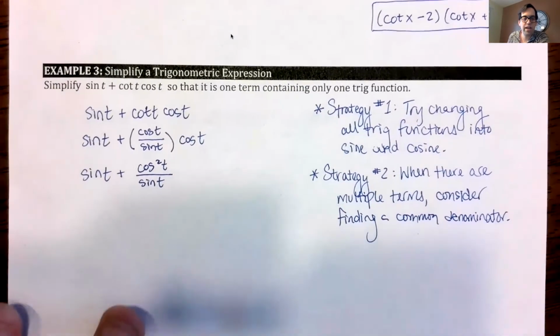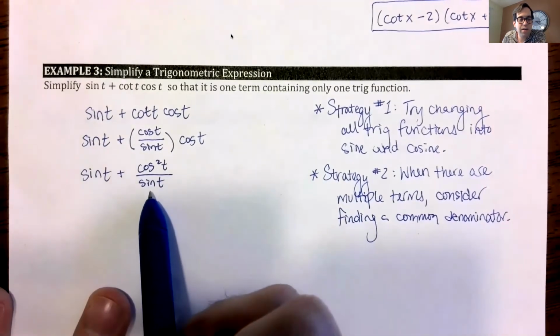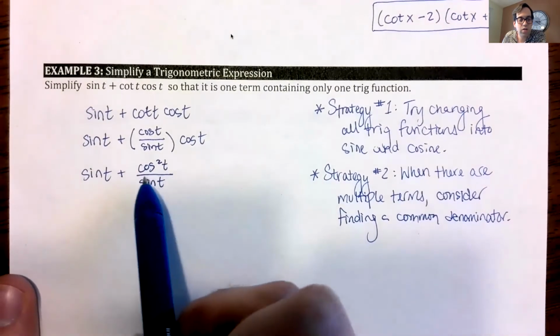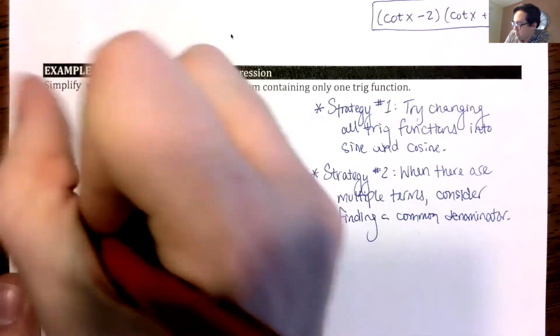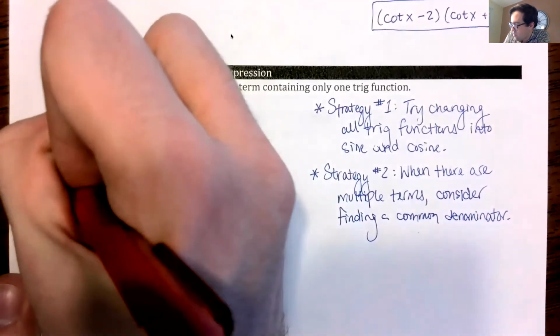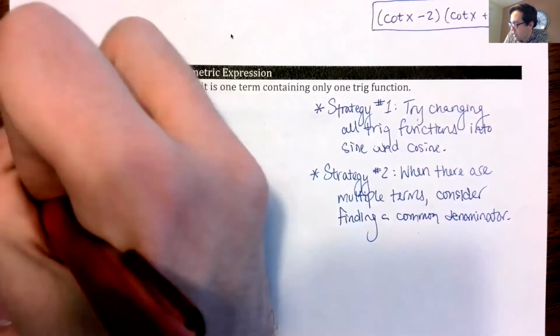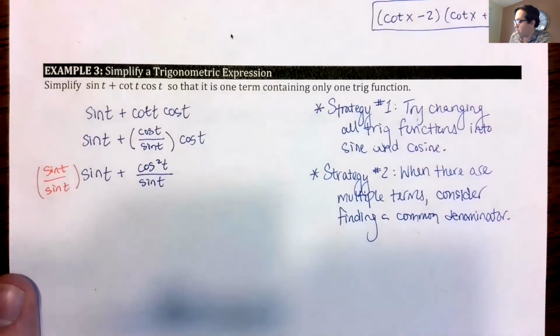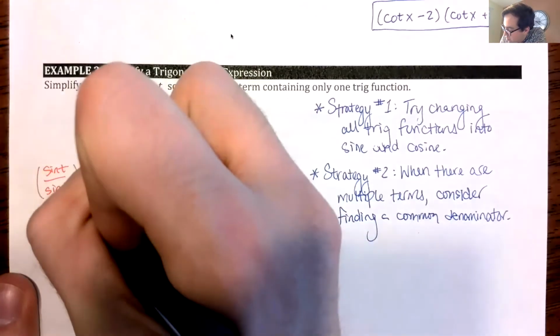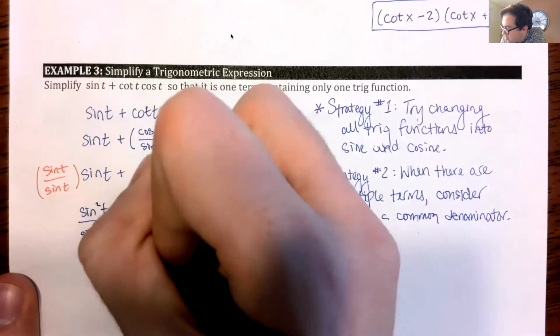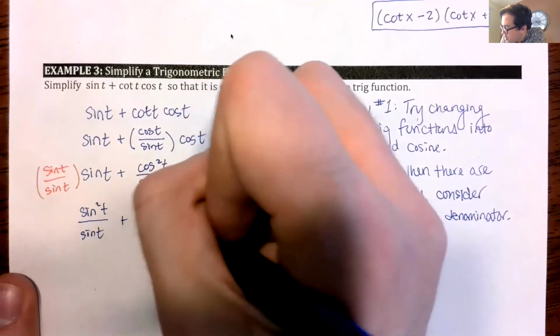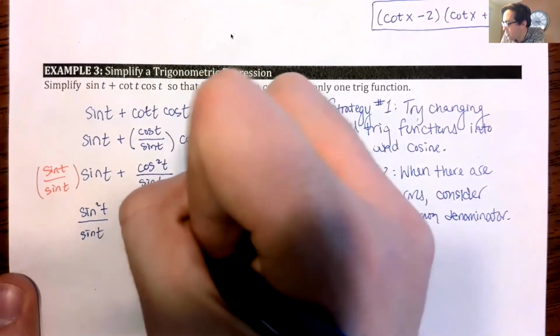Okay, so let's try that. In this question, now we have a denominator of sine of t for this right term. So for the left term, what we're going to do is multiply by sine of t over sine of t. I'll write that in red so that it's clear that it wasn't originally part of that step, but I'm going to end up with sine squared of t over sine of t plus cosine squared of t over sine t.